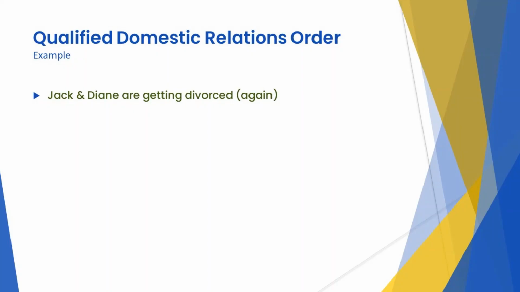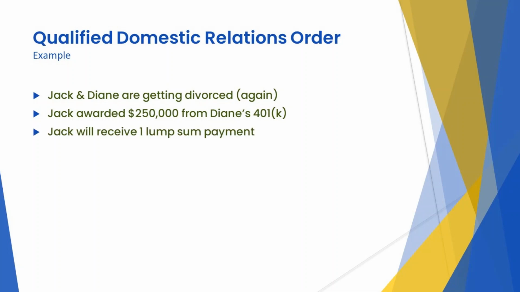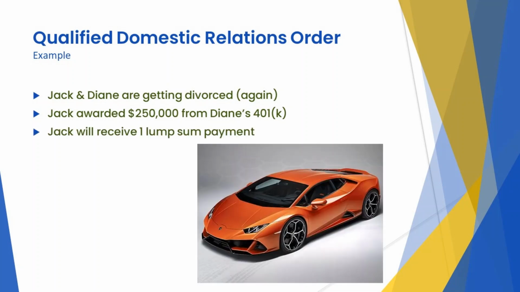Jack and Diane are getting divorced. As part of the divorce, Jack is awarded $250,000 from Diane's 401k. It is a one-time payment. Jack has decided to buy a Lamborghini since he will be back on the dating scene. The 401k administrator makes a check payable to Jack as an alternate payee from the 401k account.